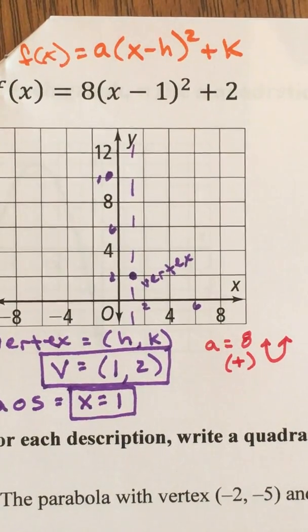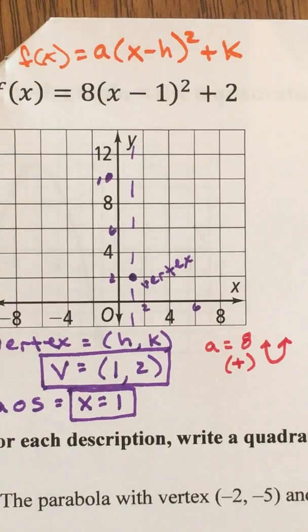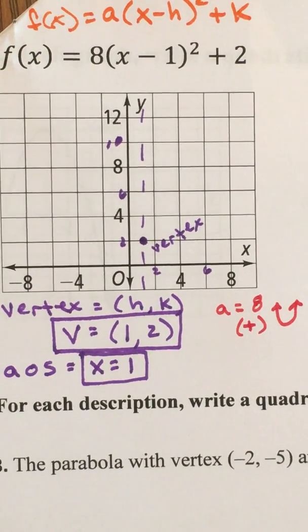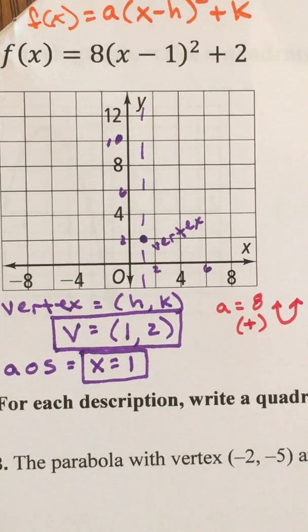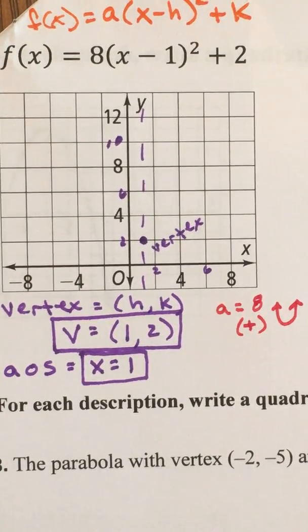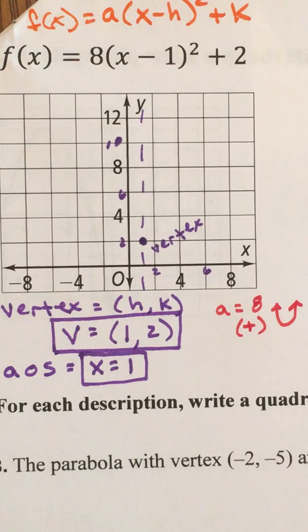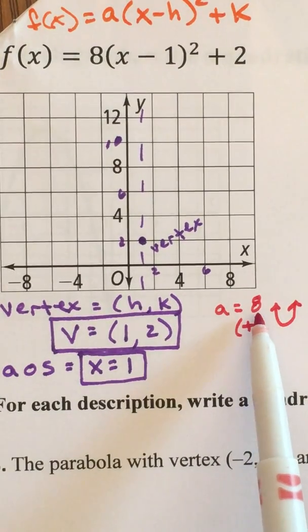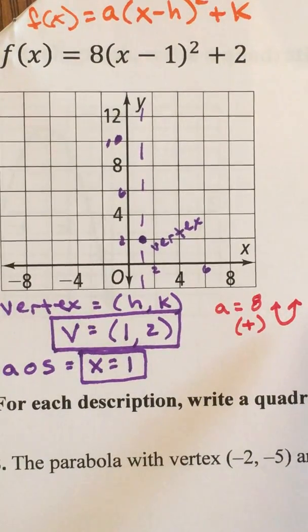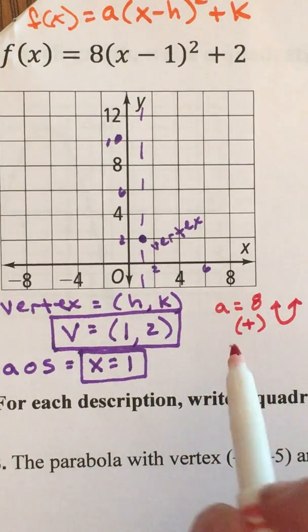Good. So we have seen that a graph, a parabola, one step out from the vertex goes up 1 unit, or whatever it is, A, times 1 unit.